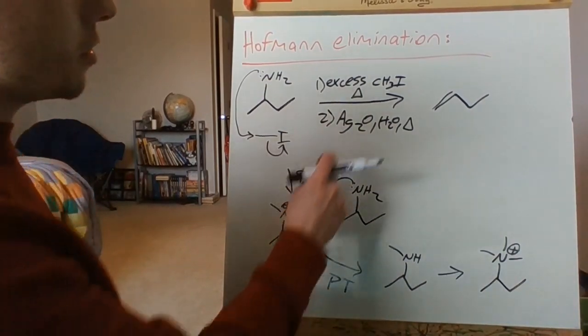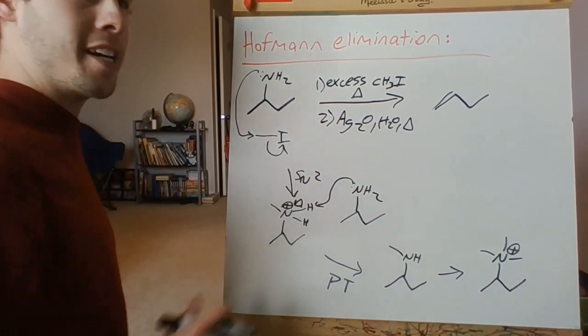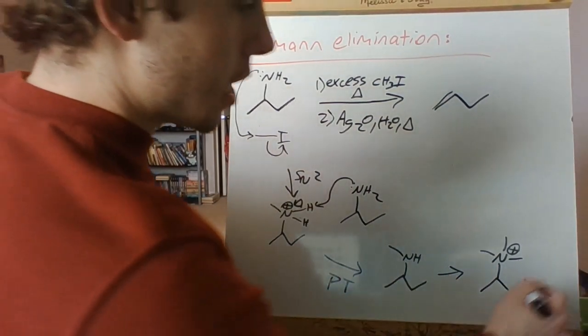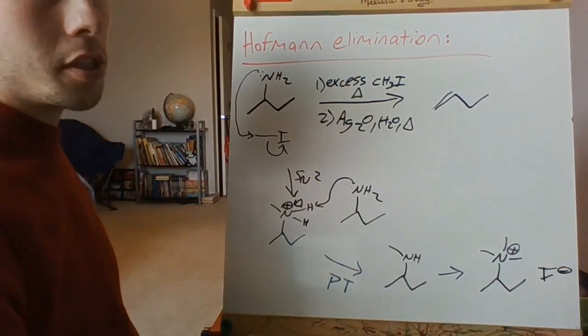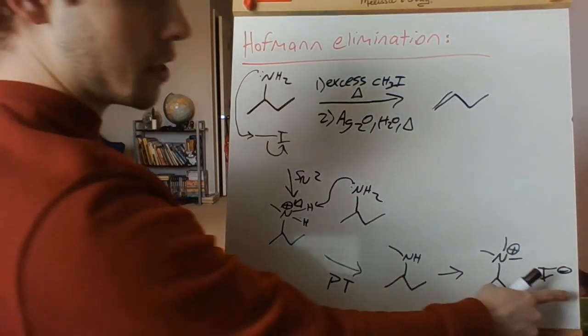But if we throw in silver oxide with some water and heat, we can get the elimination to work. And so why does this happen? Well, after all of these alkylations, we get this ammonium salt here, where iodide from our SN2 reaction is our counterion.